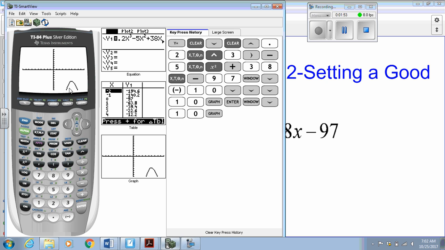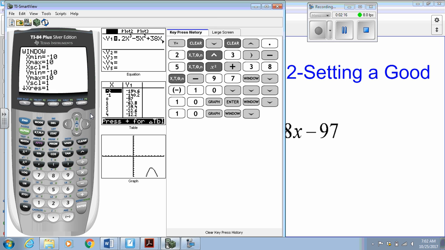Now, if you look here, you can't even see much of your graph. So we can tell this is not a very good viewing window. What we need to do is play around with our window so we can find the best viewing window to see our entire graph. You're really going to just mess with what you can.